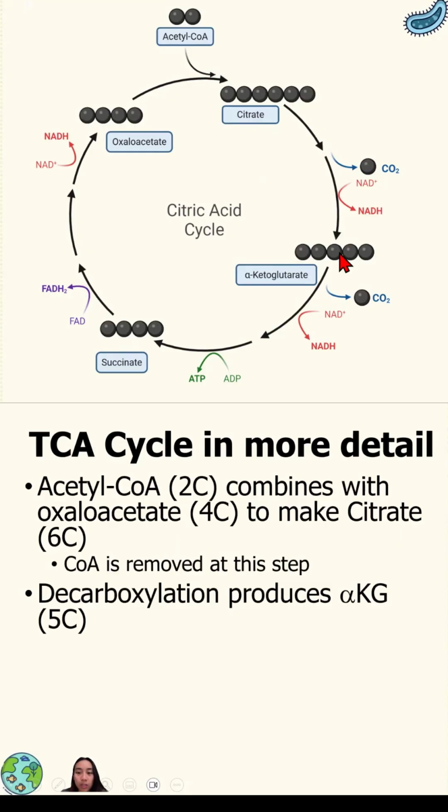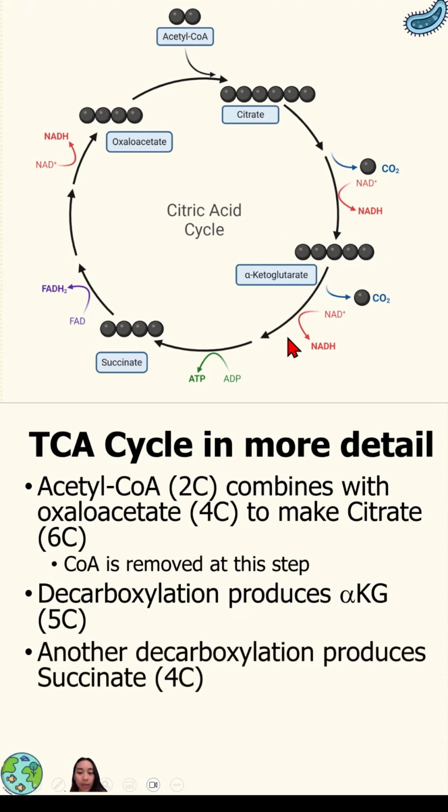Now we're going to decarboxylate it and oxidize it. So we're removing a carbon and we're also making some NADH. And we're going to make this 5-carbon molecule called alpha-ketoglutarate, AKG for short. And then we decarboxylate again, and a bunch of other oxidation steps happen. Again, I'm kind of hand waving here.